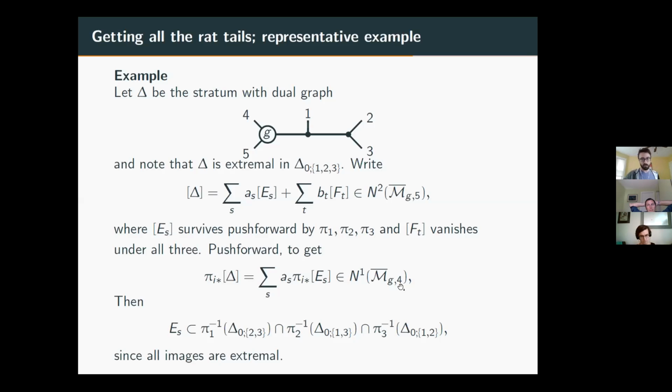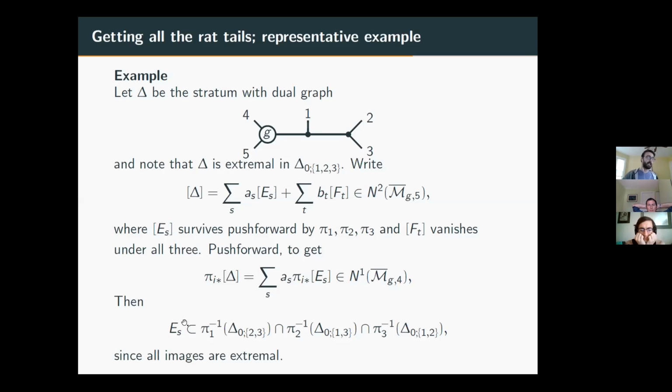But now, this image on the left is a divisor in M_{g,4}. Therefore, it's extremal. We've already shown that. And so these push forwards of E's, all of these classes, are actually proportional to the divisors. Because they survive all 3, it means they're proportional. The push forwards are proportional to all 3 divisors.